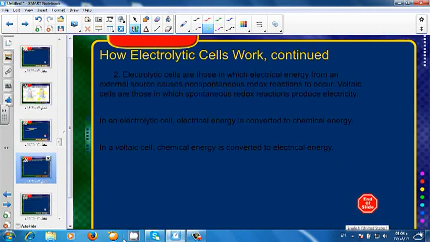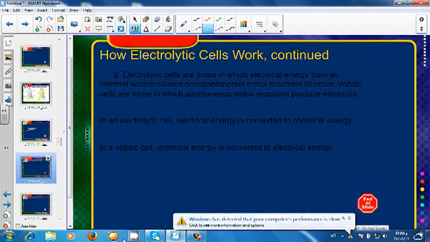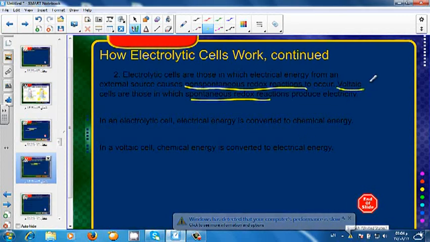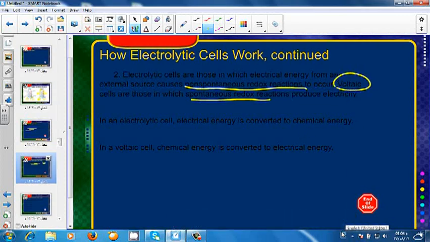The second difference: electrolytic cells are those in which electrical energy from an external source causes a non-spontaneous redox reaction. So in the electrolytic cell, I have a non-spontaneous redox reaction, opposing the spontaneous redox reaction in the case of the Voltaic cell.